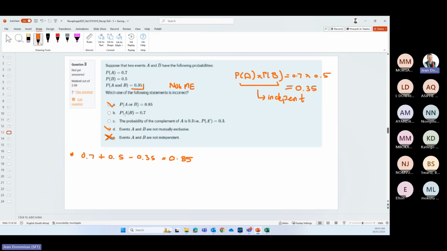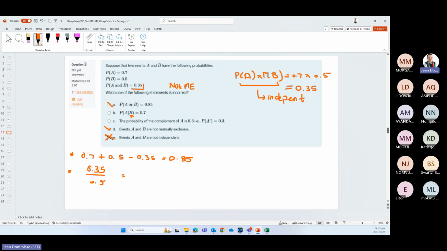Now the probability of A given B. As we said at the beginning, how we read it is the probability of A given B. If you look at the formula, it is the probability of A and B, so that's 0.35, divided by the probability of the second one, the probability of B, which is 0.5.